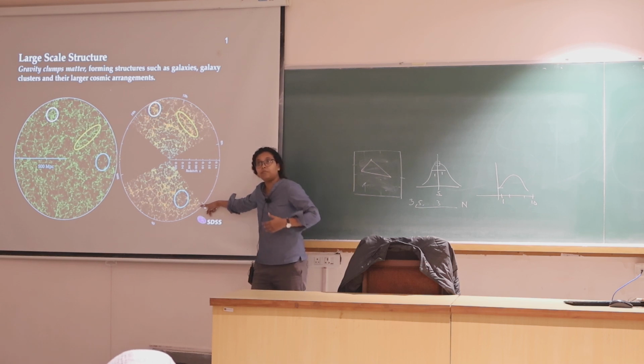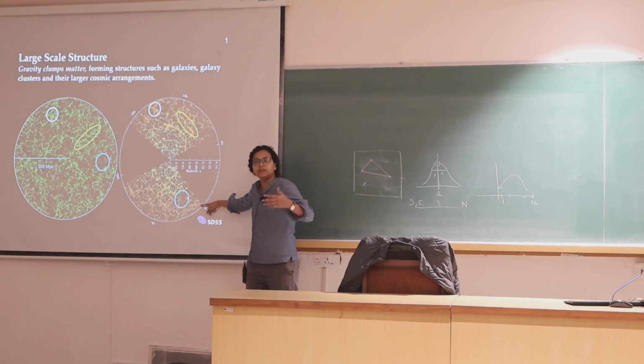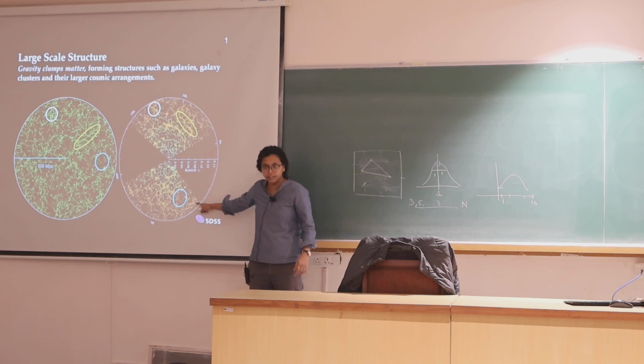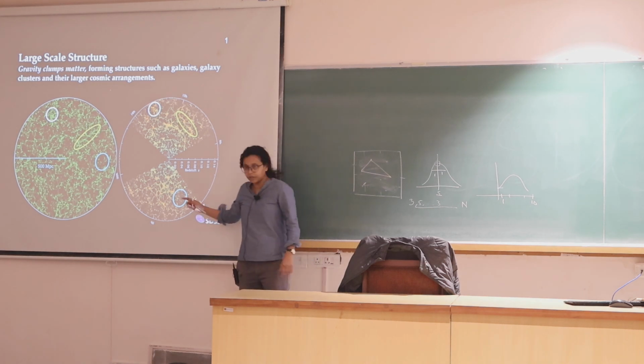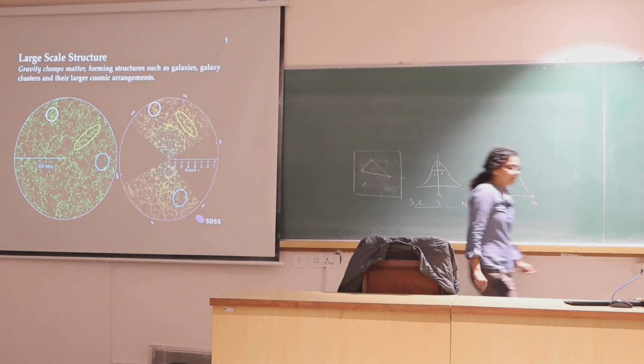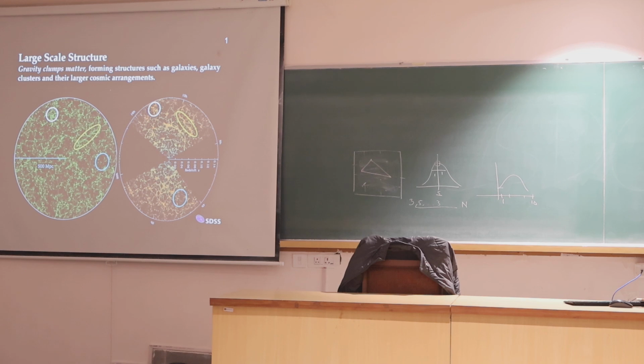As we look further back, we cannot detect the fainter galaxies. So this is our telescope bias. You only see the high-density regions of the past, whereas in the nearby universe we see all the faint ones and all of them. Good point.